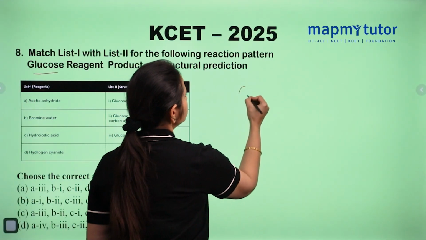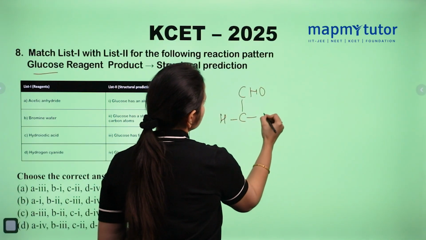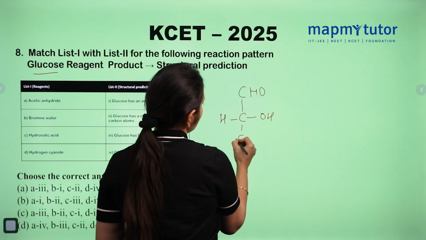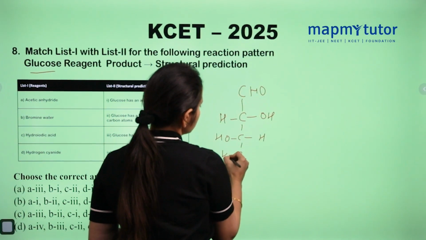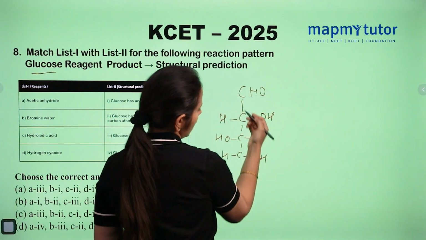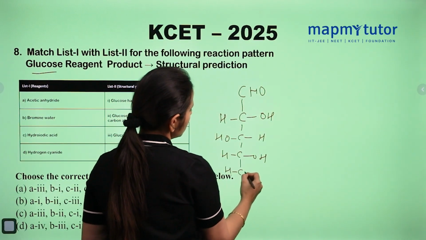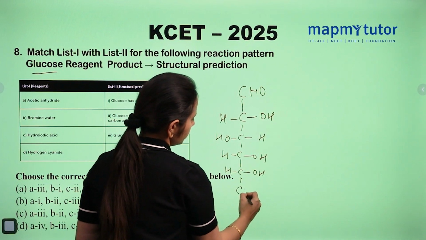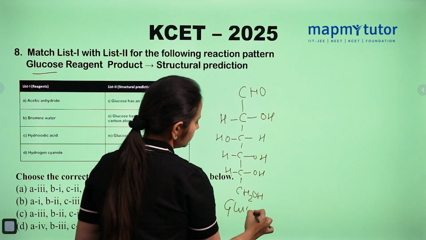It is CHO, H, OH, OH, H, H, OH. There are 6 carbons in glucose: 1, 2, 3, 4, 5 and 6. So this is the structure of glucose.